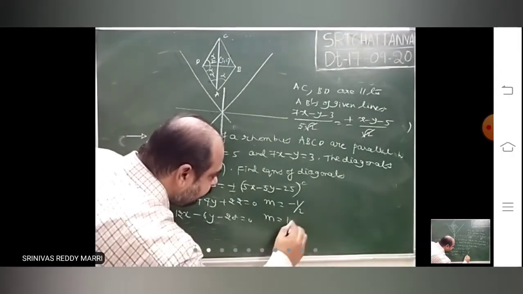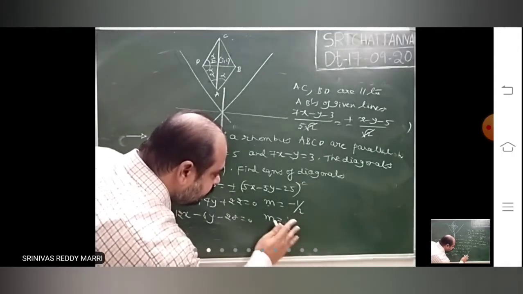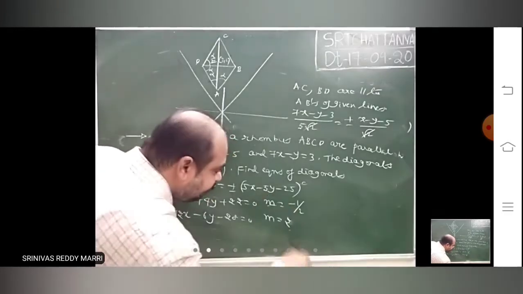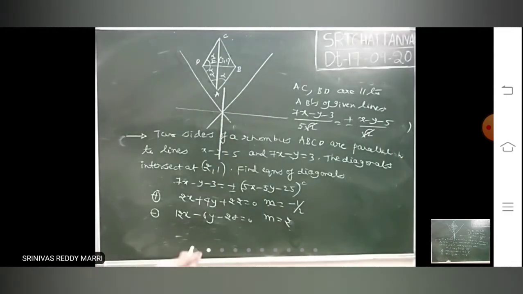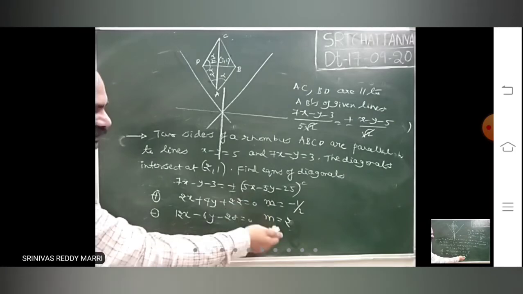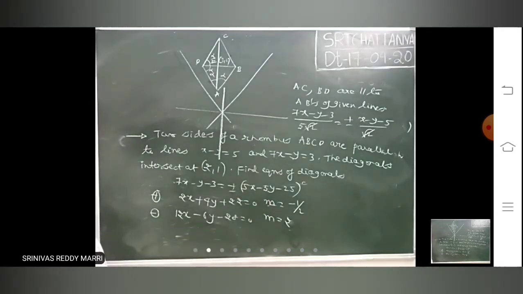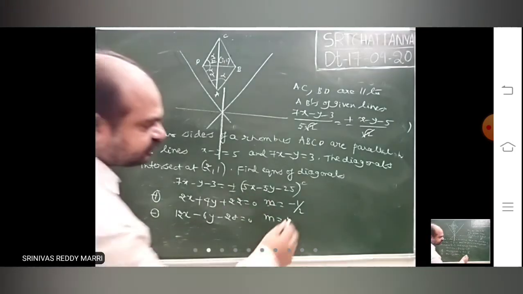So m is 1 by 2. If you find the first one, then you get the perpendicular slope. So the slopes of AC and BD are: one is minus 1 by 2 and the other is 2.